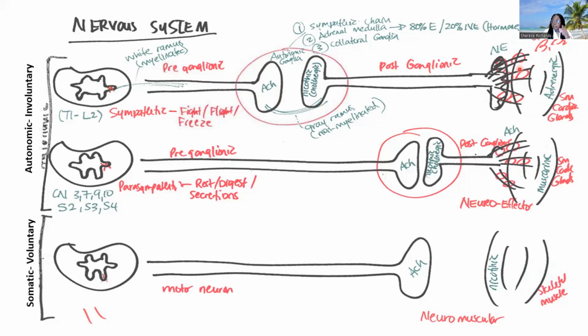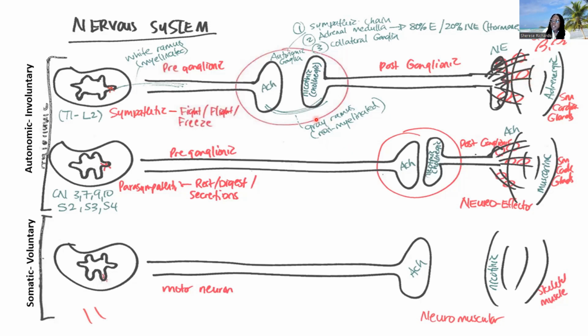That was one major difference. The other difference is that we have these swellings that are called varicosities. So varicosities are these bulges in the axon terminals that have the vesicles with neurotransmitters stored that are going to be released at this neuroeffector junction.